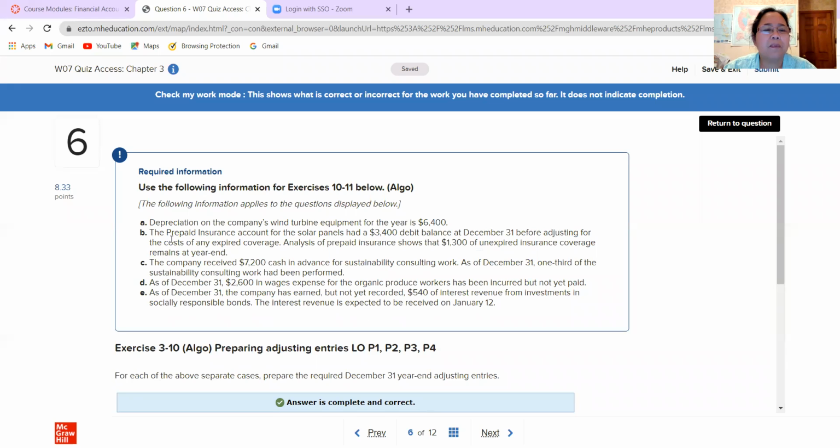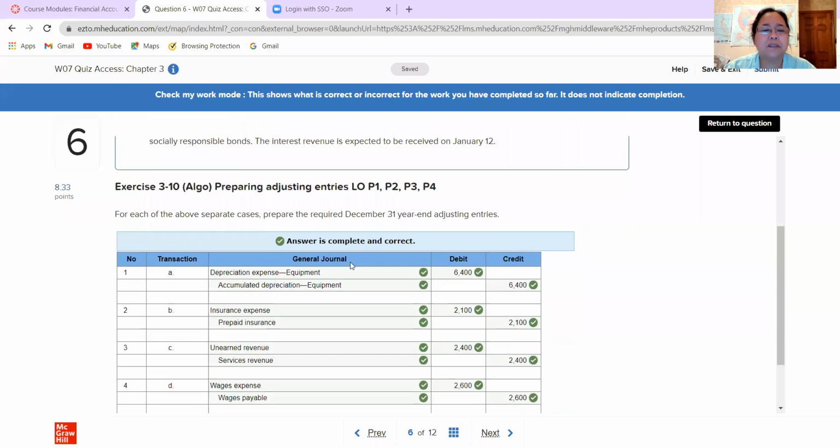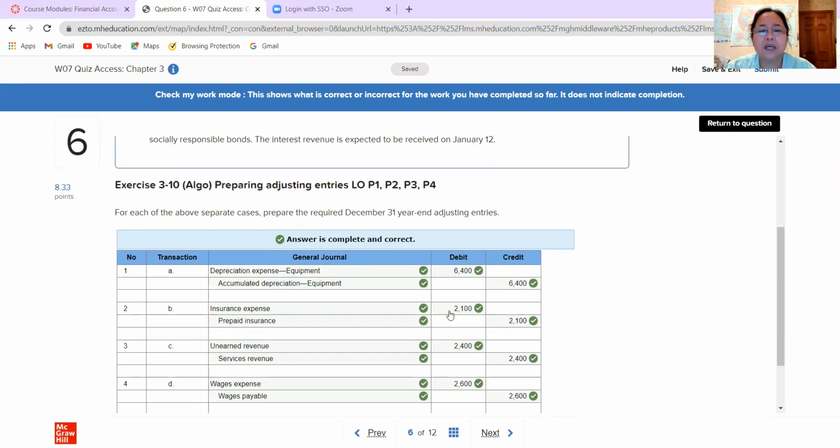So in this problem, letter B, I subtracted 1,300 from 3,400, which equals 2,100.